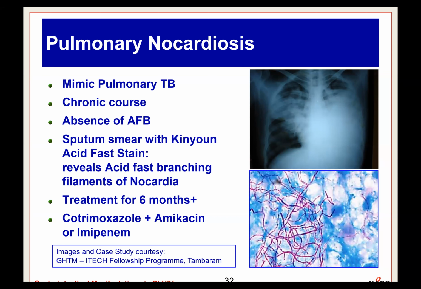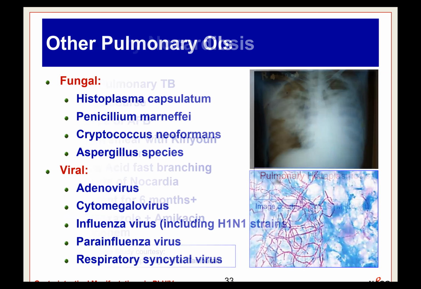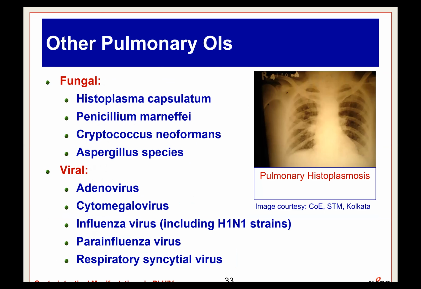Those labs which know what to look for can give you this diagnosis. If you diagnose them, you can treat nocardia with cotrimoxazole and amikacin, or imipenem or meropenem can be given in such patients. There can be other examples like histoplasma capsulatum, penicillium marneffei, or other infections.